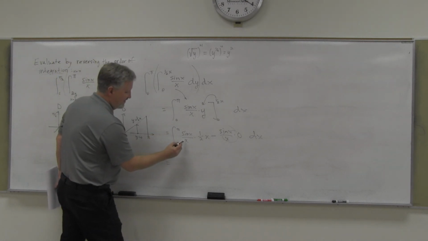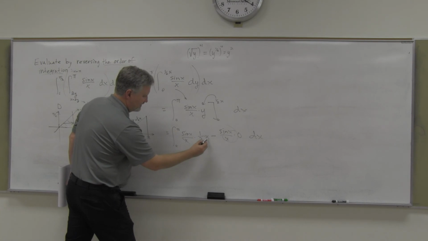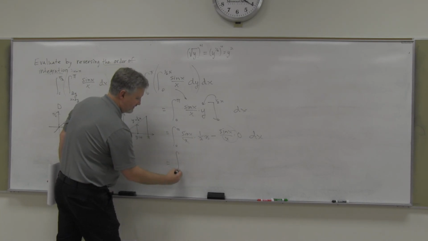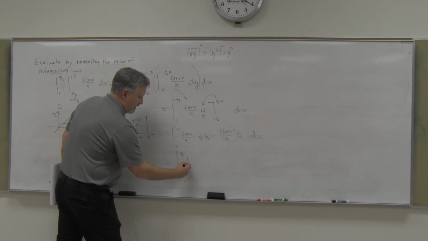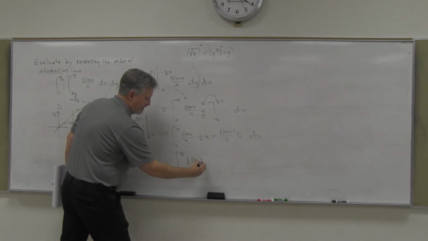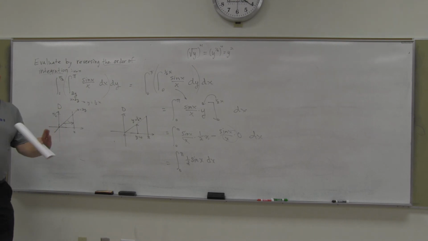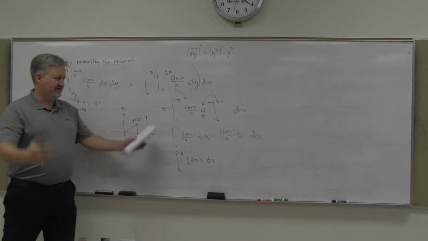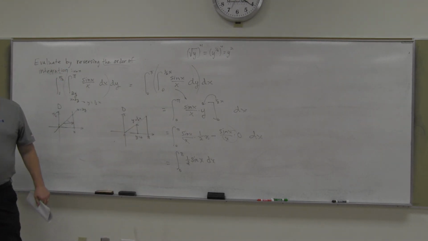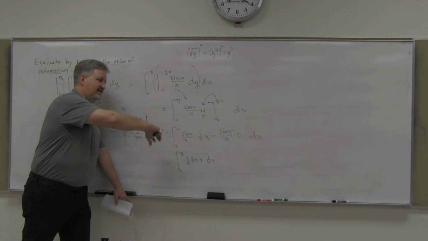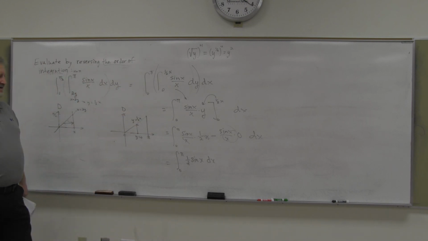That's just 1/2 sine of x. When you switch them, you still could run into problems, because integrals can get complicated. Sometimes they're impossible to do, but sometimes switching the order works out nicely.